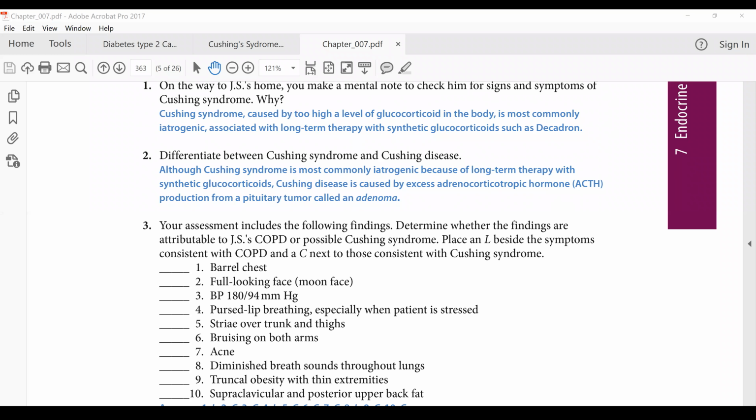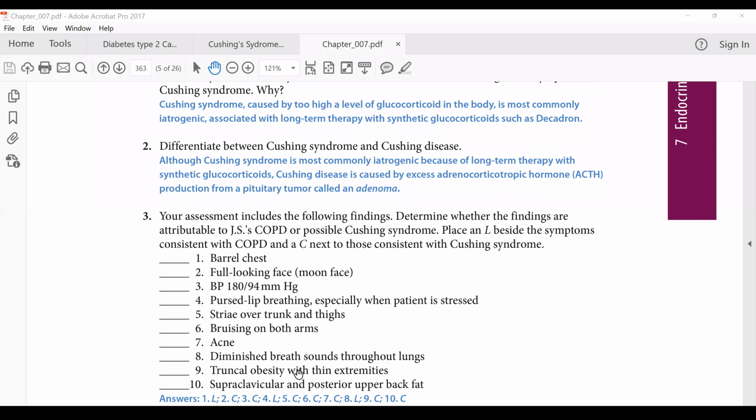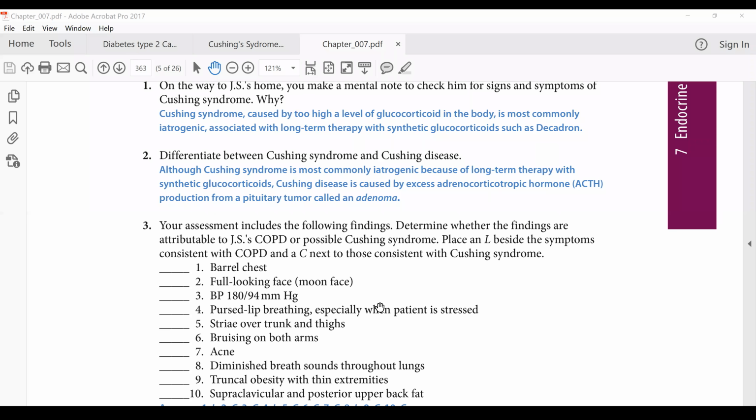COPD. Thanks, Daniel. Thanks, Amy. Or thanks, Michelle. And then someone says iPhone, so I'm not sure who that is. Truncal obesity with thin extremities. That's Cushing's. And then the last one, supraclavicular and posterior upper back fat for 10. That's going to be Cushing's as well.